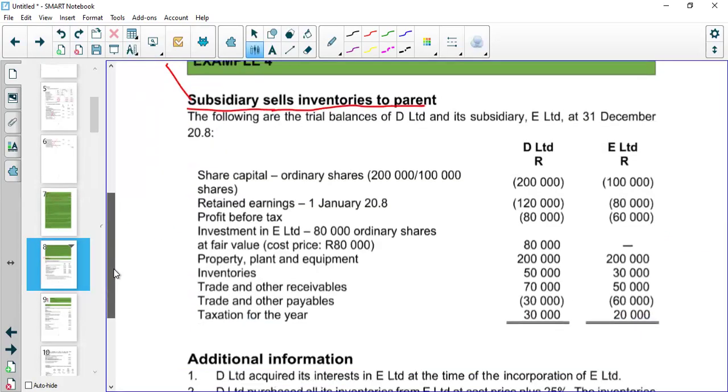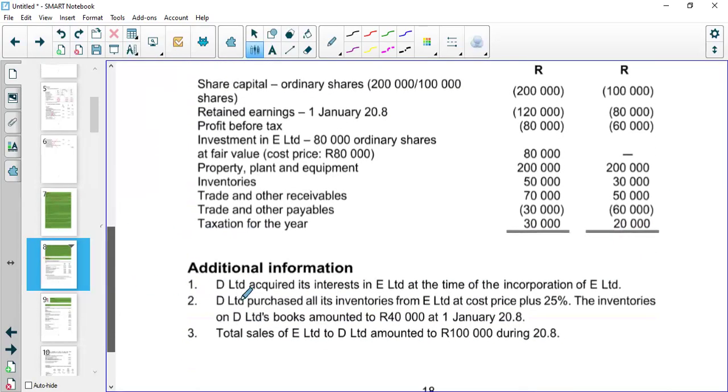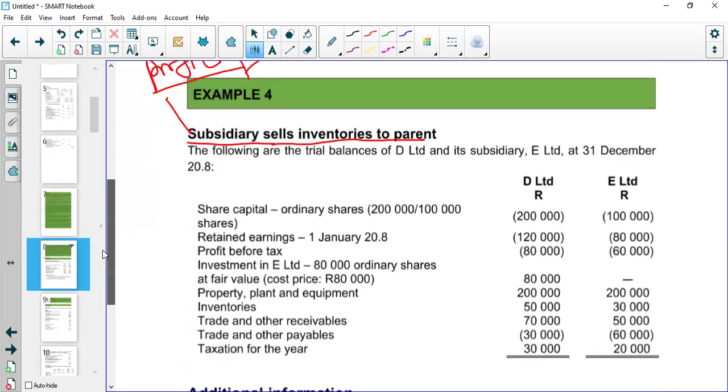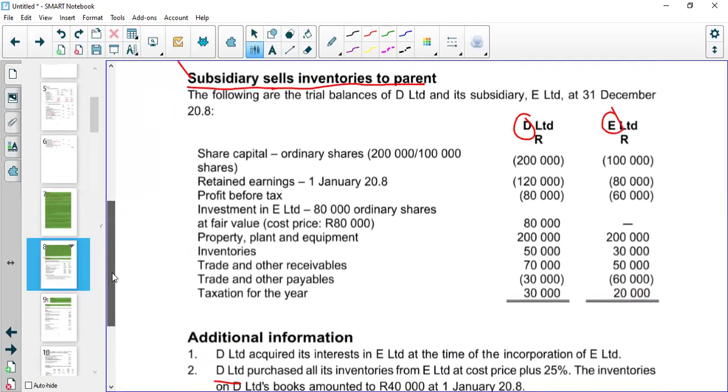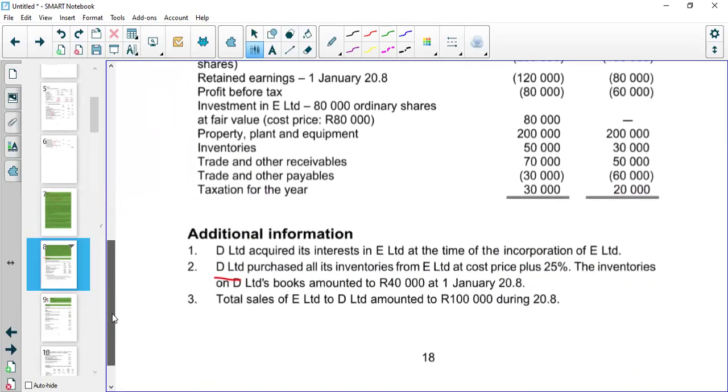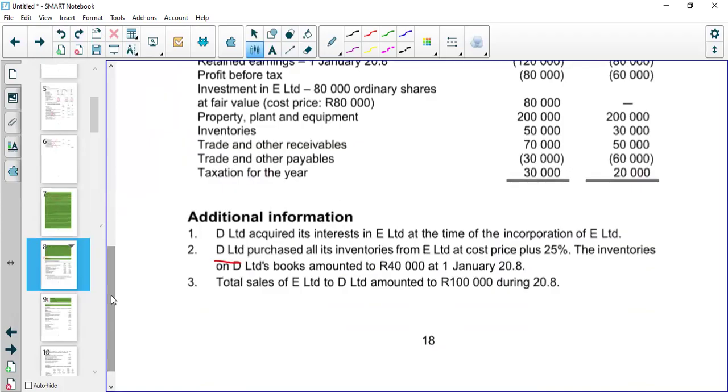Now we're just going to walk through this quickly. We are told that we have D and E. We're just going to focus on the purpose of this learning unit, not cover everything, just focusing on the inventory only.